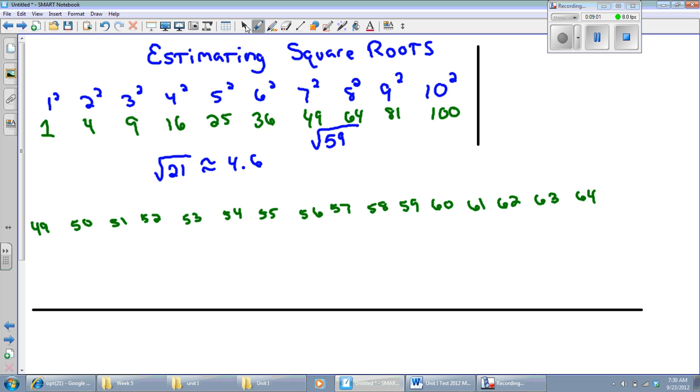Yikes, that took forever. And I want them to be the square roots of those numbers. So I'm going to put square root symbols around all of them.